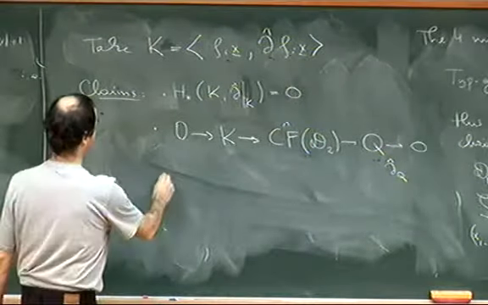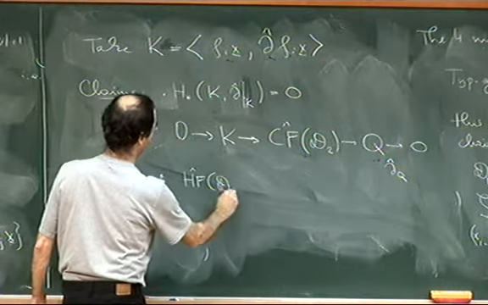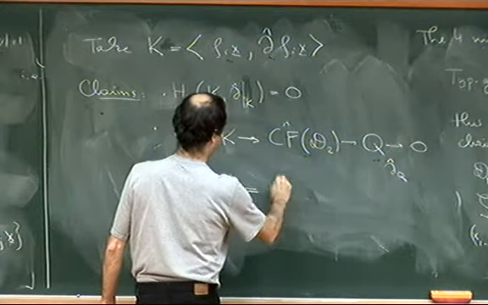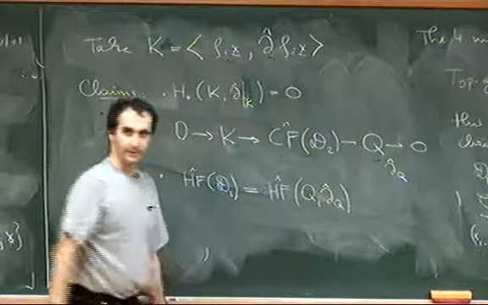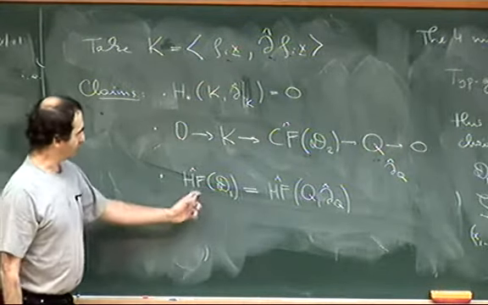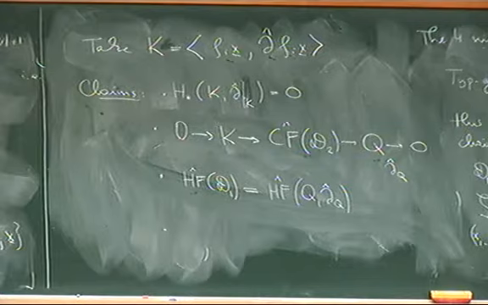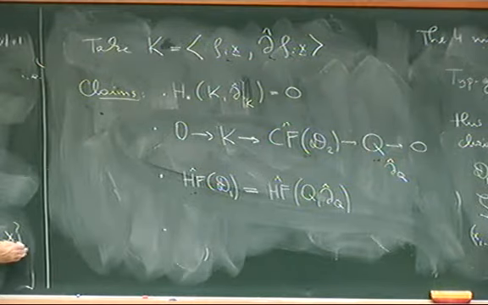And so the next claim is that HF hat of D1 is actually the same as HF hat of this quotient complex. This is not so hard to see. I mean, first of all, the dimension of S1 is the, so S1 appears here, and what we do, we just take this K, which is of the dimension given by these elements.